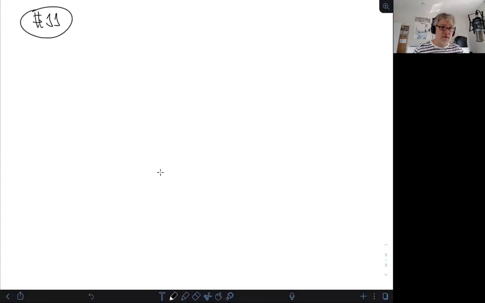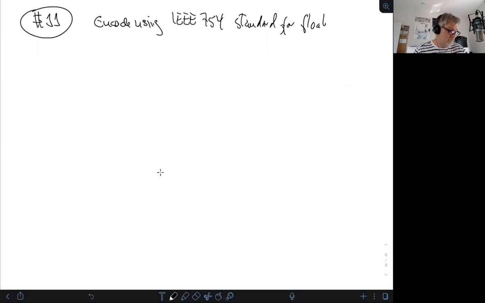Number 11 is: encode using the IEEE 754 standard for floating point the number 47.5. This is in decimal. Okay, all right. So let's do that one.